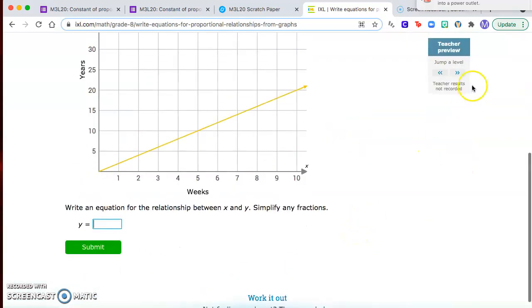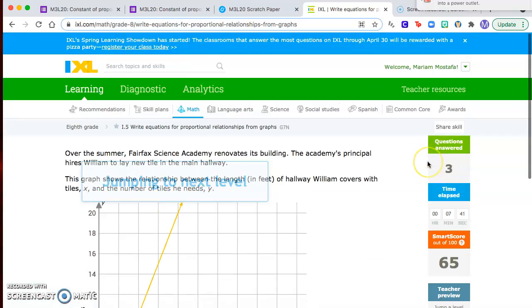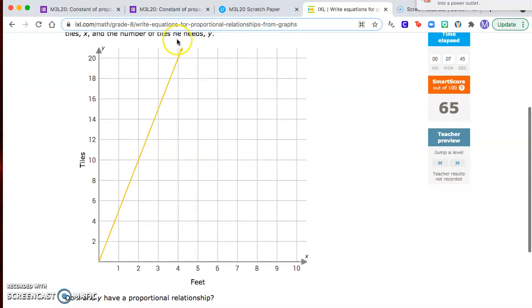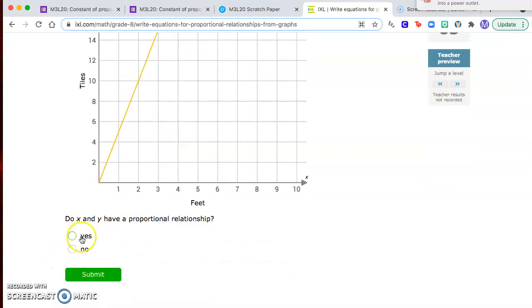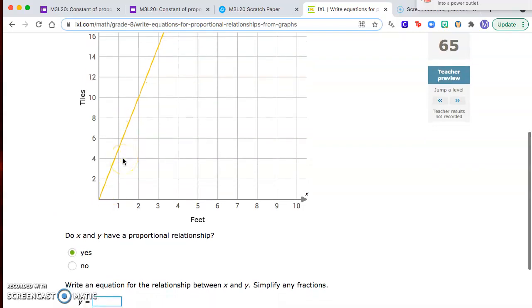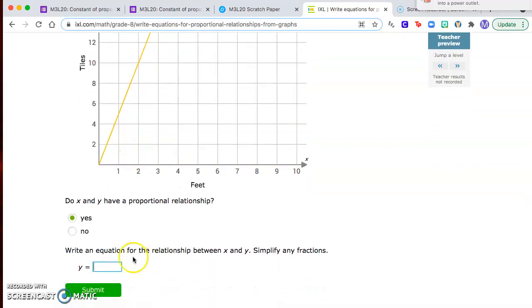You're going to keep going until you get a score of 80. Sometimes it's going to ask you, does this have a proportional relationship? If this is a proportional relationship, you're then going to give the equation.